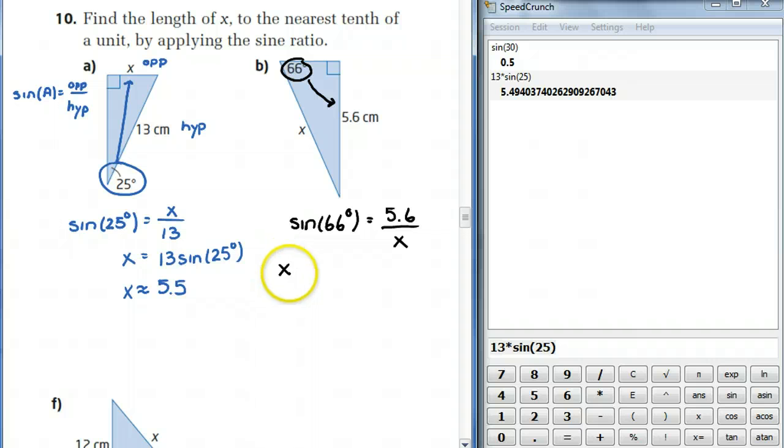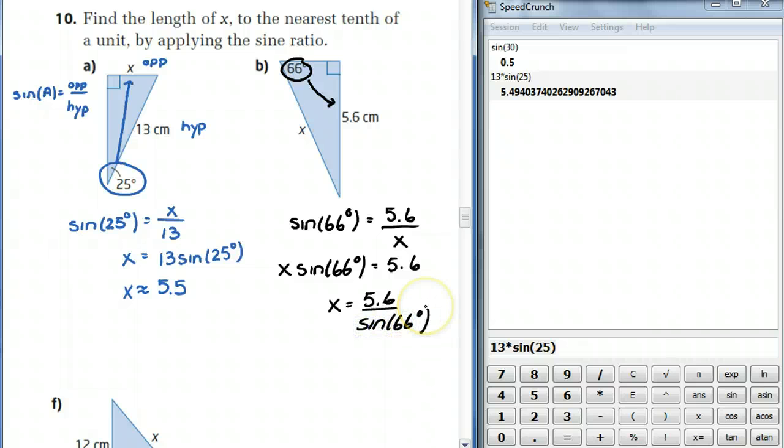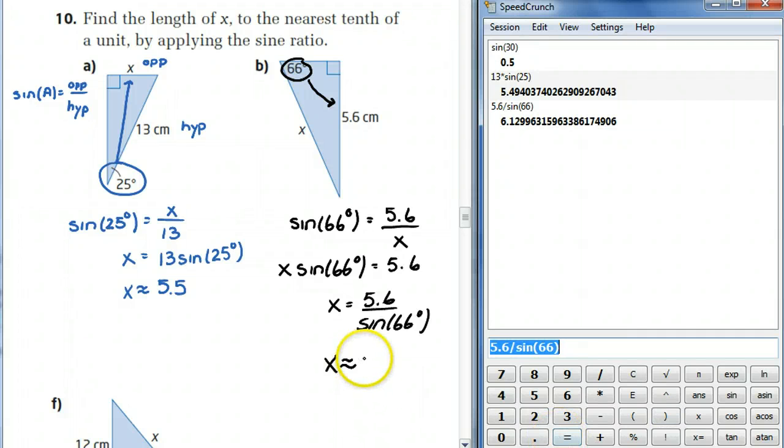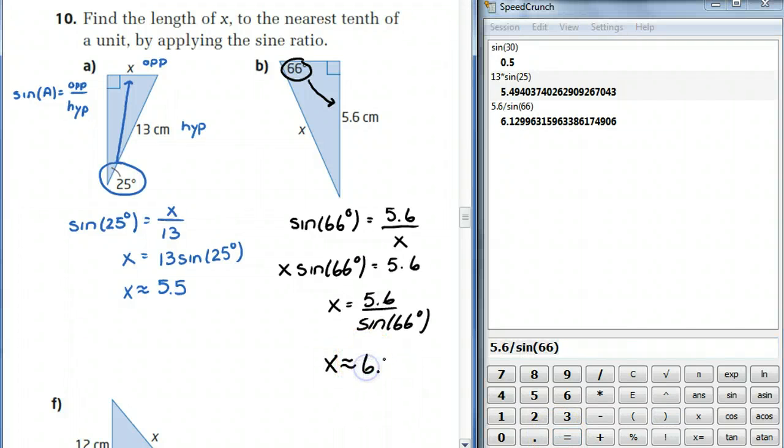The first thing we're going to do is multiply both sides by x. And then we'll divide both sides by sine 66 degrees. So x is equal to 5.6 divided by sine of 66 degrees. So x is approximately equal to 5.6 divided by sine 66, and we get approximately 6.1.